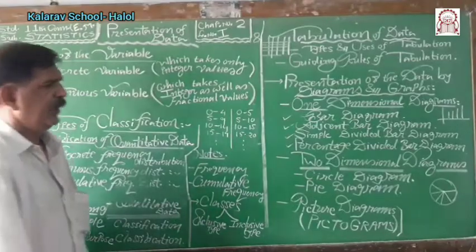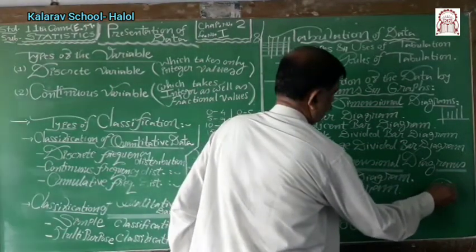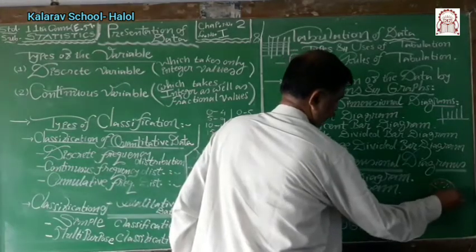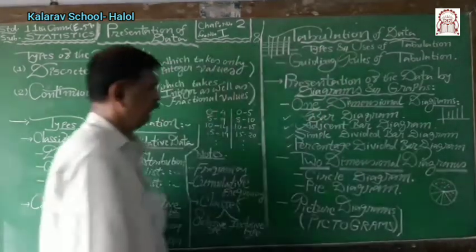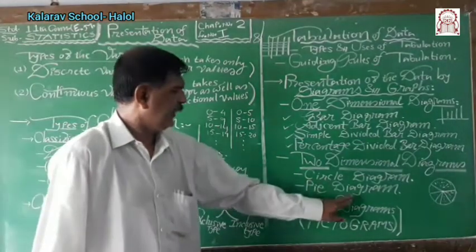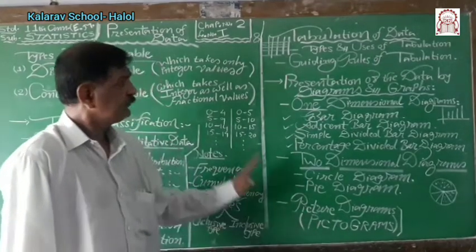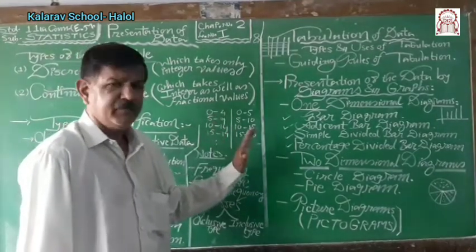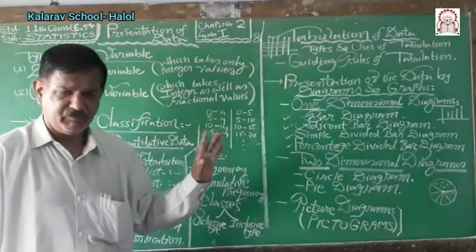This way we can draw the pie diagram. So two-dimensional diagrams are the circle diagram and pie diagram. And finally, the picture diagram is there. These are the basic and fundamental topics of this chapter, presentation of the data.